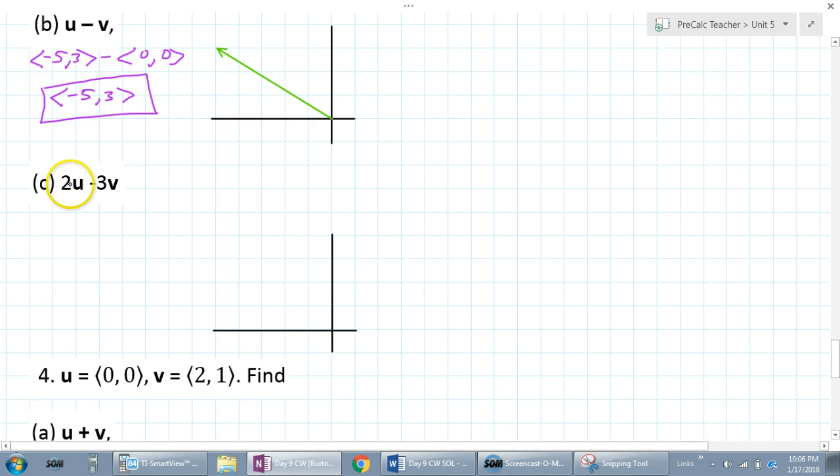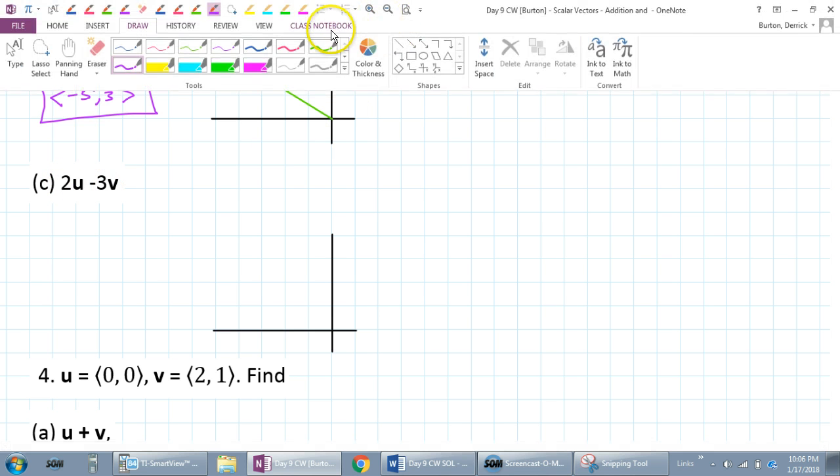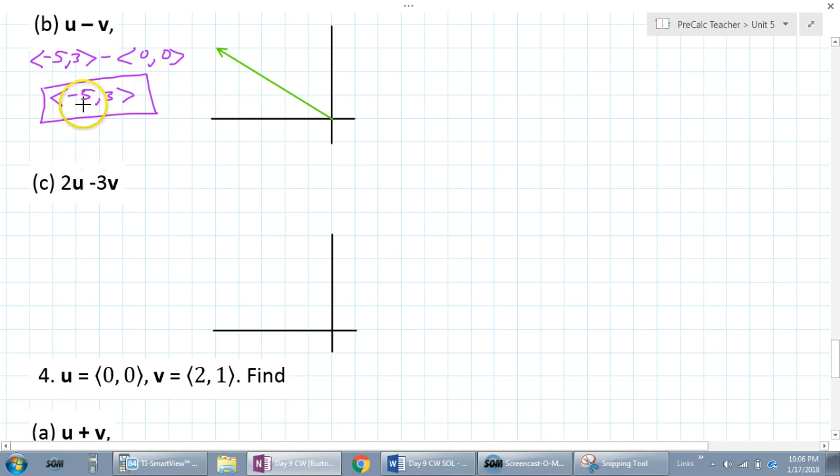Now let's do 2u. So vector u again is negative 5, 3. Okay, so that's vector u so far, but we want 2u. So what I will do is I will select it. I'm going to copy it into memory, Control C. I'm going to click way over here, and I will do Control V to paste it.